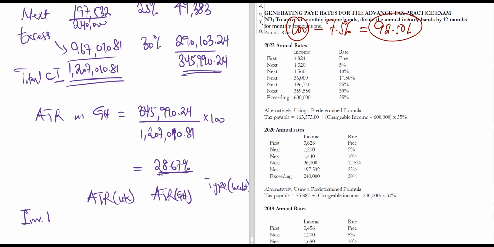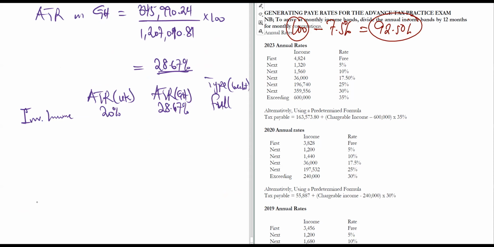Investment income. The rate was 20%, and in Ghana, 28.67%. We still give full credit. Then we moved to rent: 16.67%. Ghana, 28.67%. Full credit, because this is less than this.